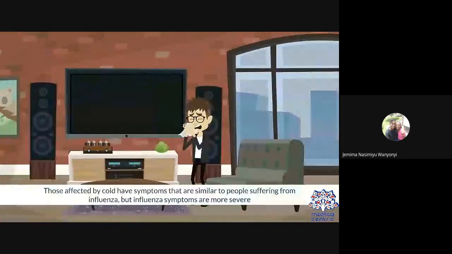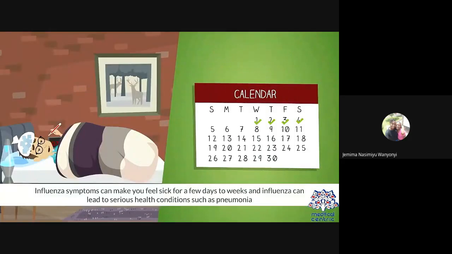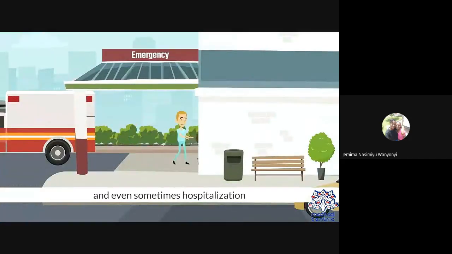Those affected by cold have symptoms similar to influenza, but influenza symptoms are more severe. While cold symptoms can last for a few days, influenza symptoms can make you feel sick for a few days to weeks, and influenza can lead to serious health conditions, such as pneumonia and even sometimes hospitalization.